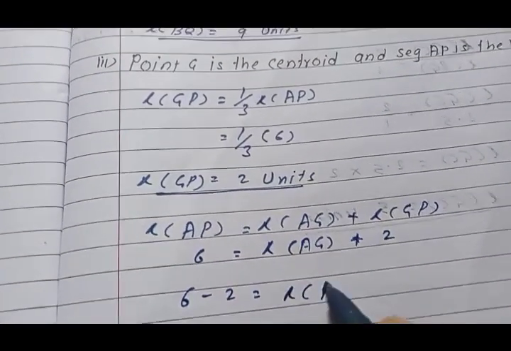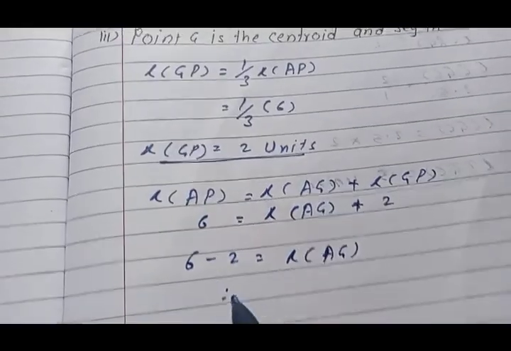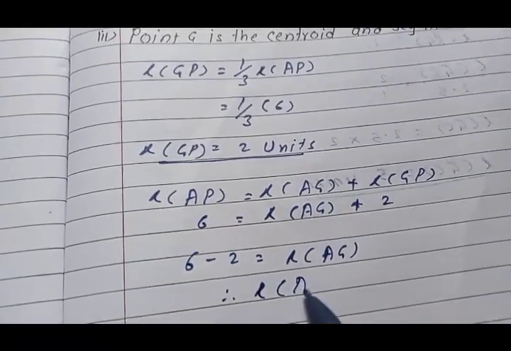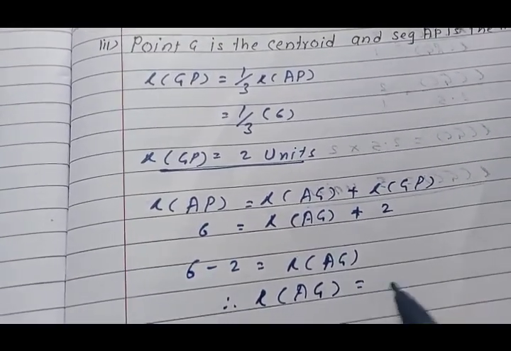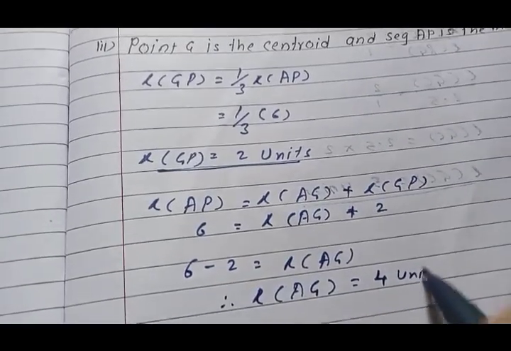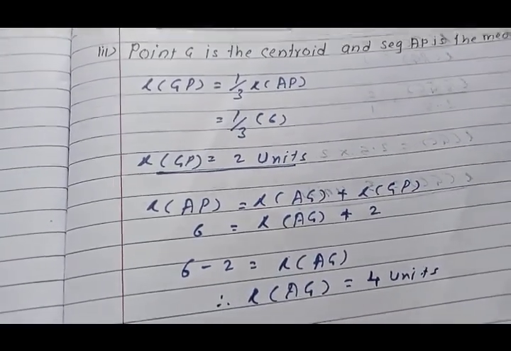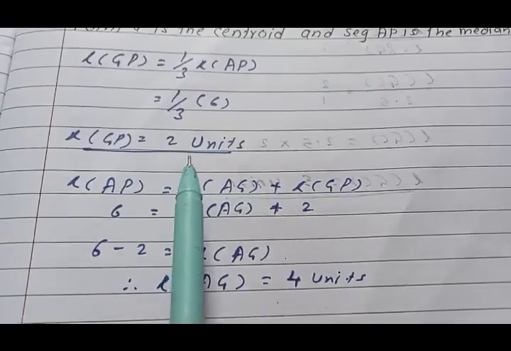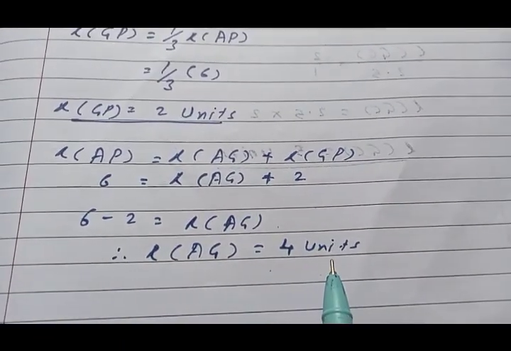Therefore, length AG equals 4 units. So GP equals 2 units and length AG equals 4 units.